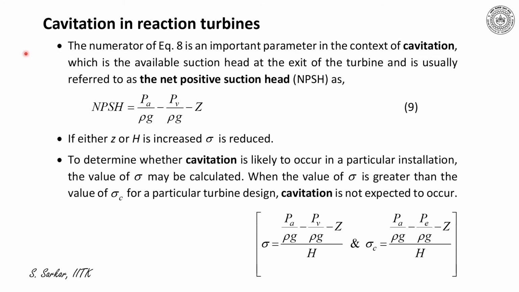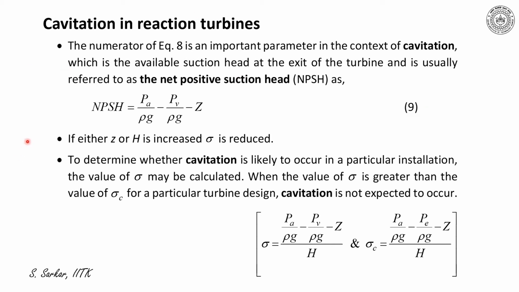The numerator of equation 8 is an important parameter in the context of cavitation, which is the available suction head at the exit of the turbine and usually referred as the net positive suction head, NPSH, which can be stated as NPSH is equal to PA divided by rho G minus PV by rho G minus Z. That is equation number 9.